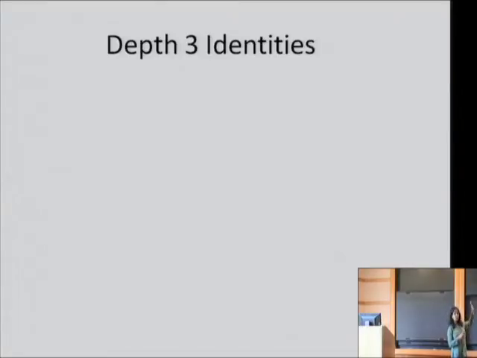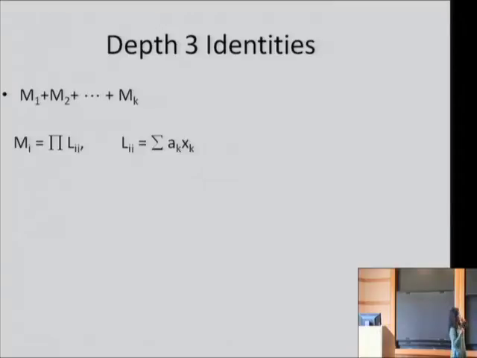Okay, so let me talk about what a depth 3 identity is. I'll be looking at polynomials of the following kind. Think of k as a constant, maybe 10, and look at polynomials which look like m_1 plus m_2 up to m_k, where each m_i is a polynomial which completely factorizes into linear factors.